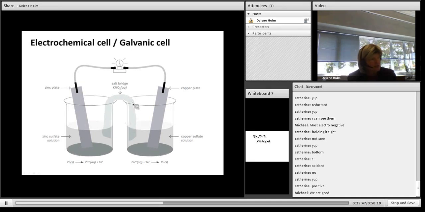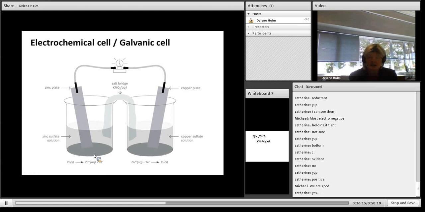Because can you see, if we've got electrons going through here, I'm going to get more and more zinc ions going into the solution. So what can you tell me is happening in this solution? Is it becoming more positive? Because those electrons are going along up there. So thinking about what's happening, is my zinc solution becoming more positive? Yes.